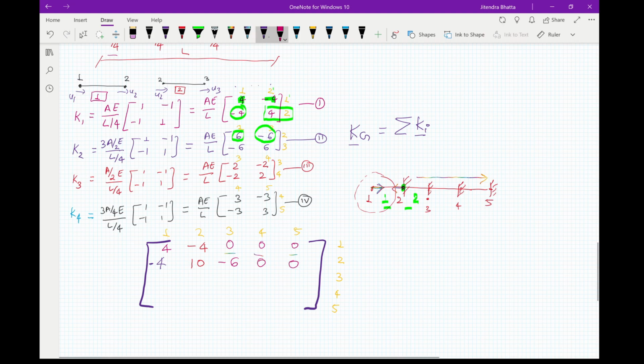This just means that when you are loading this point here, you are fixing this, but you are applying a force here, which means that this is going to have an impact on 1 and an impact on 3.